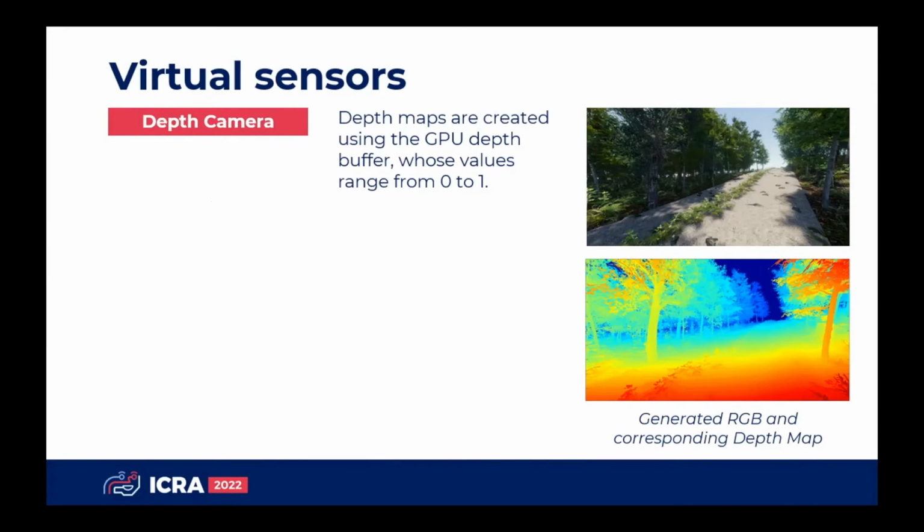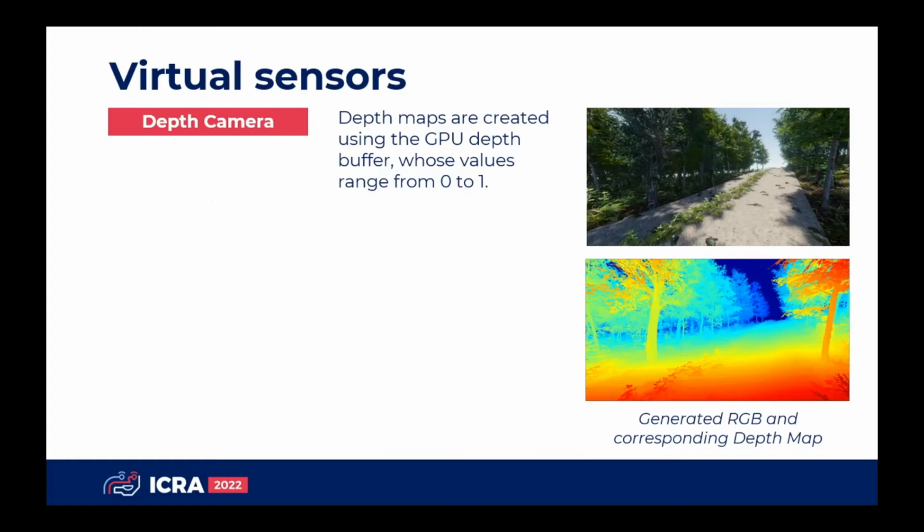But for the depth camera, we tried to follow a similar approach, and the idea was to benefit from the fact that the depth maps are already being used in Unity in the GPU buffer, but the values there have a range only from 0 to 1, and of course we need some kind of metric information.